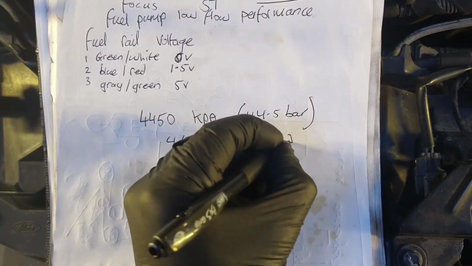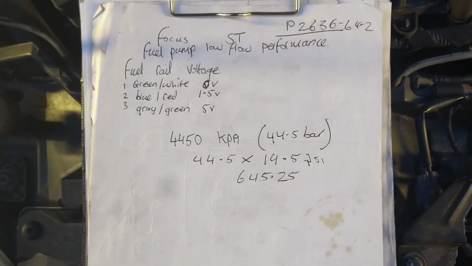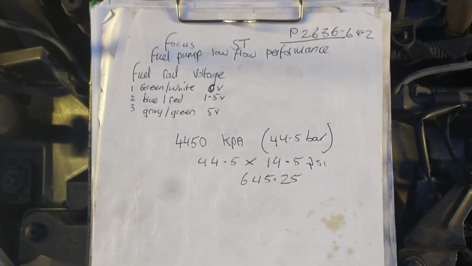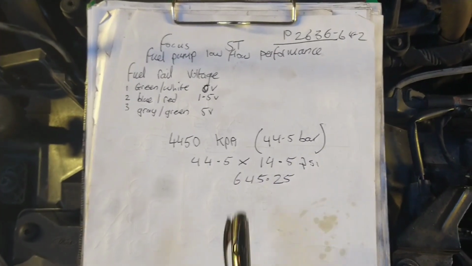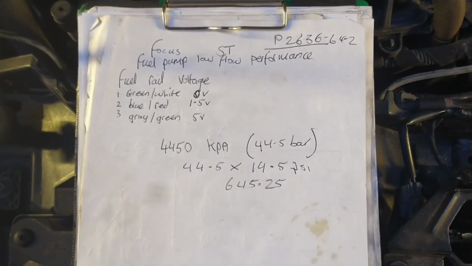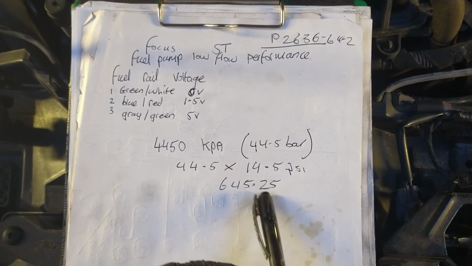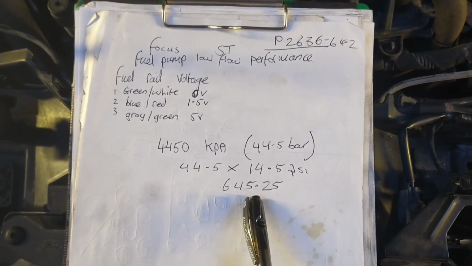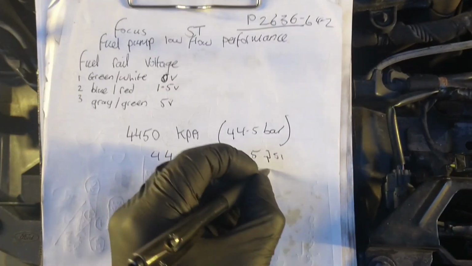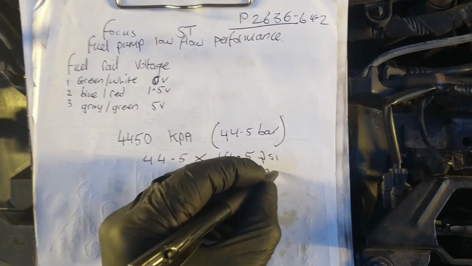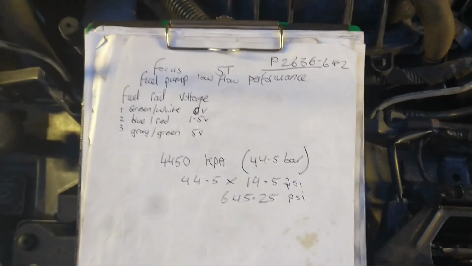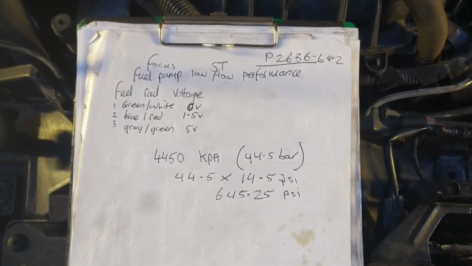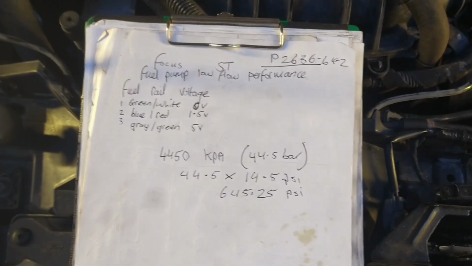That's approximately the PSI that's in a bar, so it's 44.5 bar. So that's the amount, if it was in PSI, that's what it would be. And this is chipped, it's tuned, so it's probably running higher.